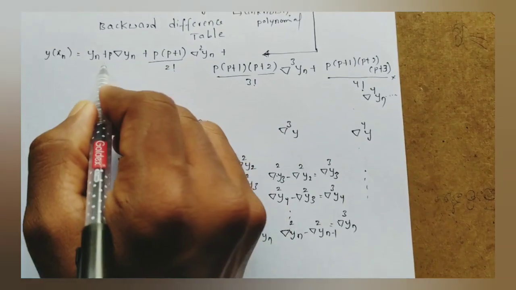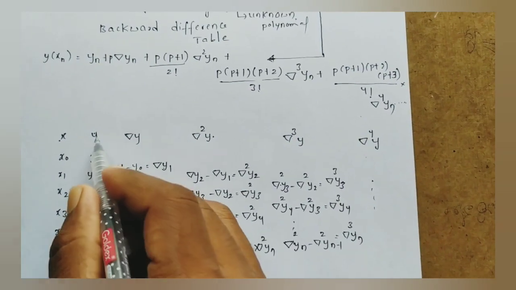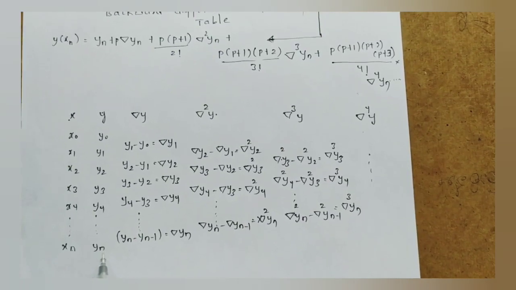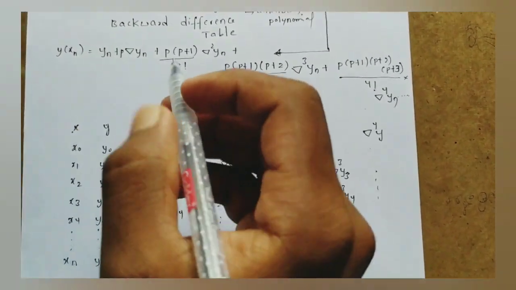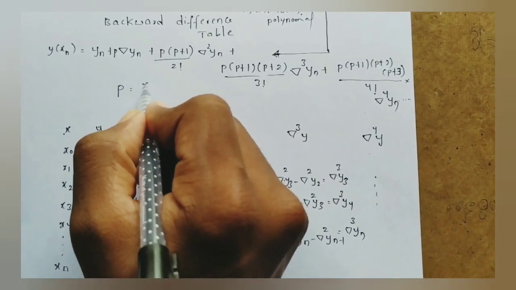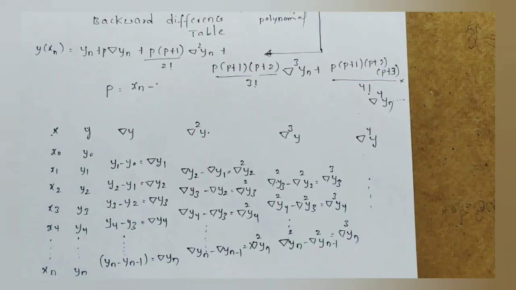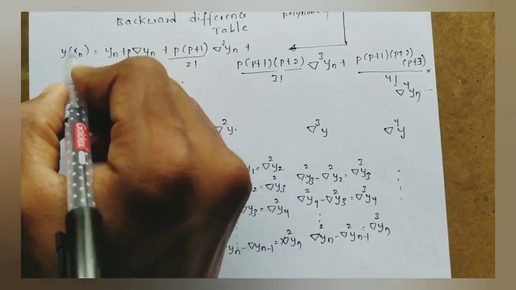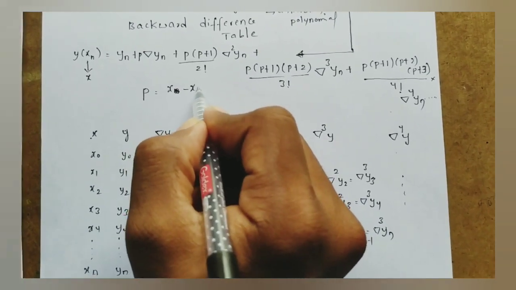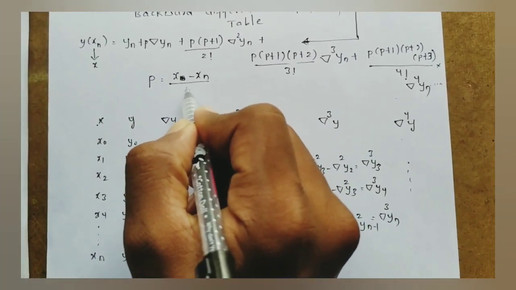Here substitute the values of yn, already known. That means yn is, for the given y values, the ending y value. And p is already known, but for finding the p value, p is the given x value minus xn, that is x minus xn by h.